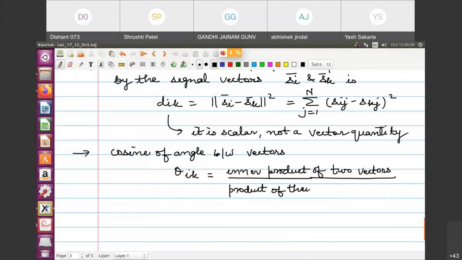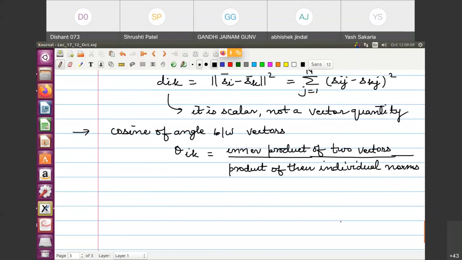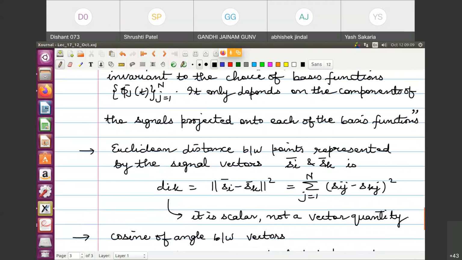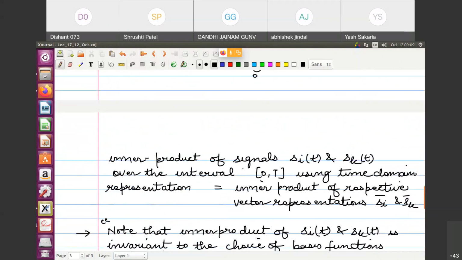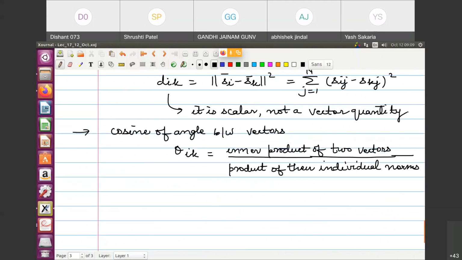I have not yet introduced norms. Norm is basically, you can say, the two norm. This, whatever we are writing, is the two norm. Two norm is nothing but the length of the vector.